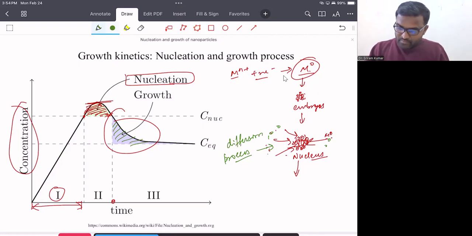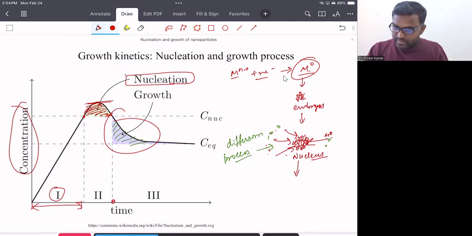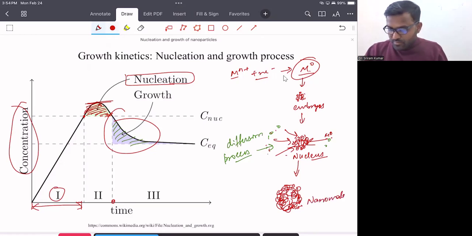And finally, we get the nanomaterial here. This nanomaterial has a bigger size, and it has many particles. So this shaded part is the growth phase.